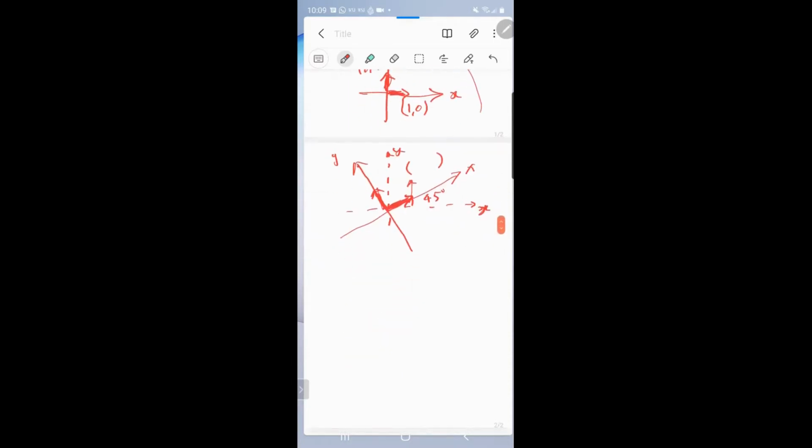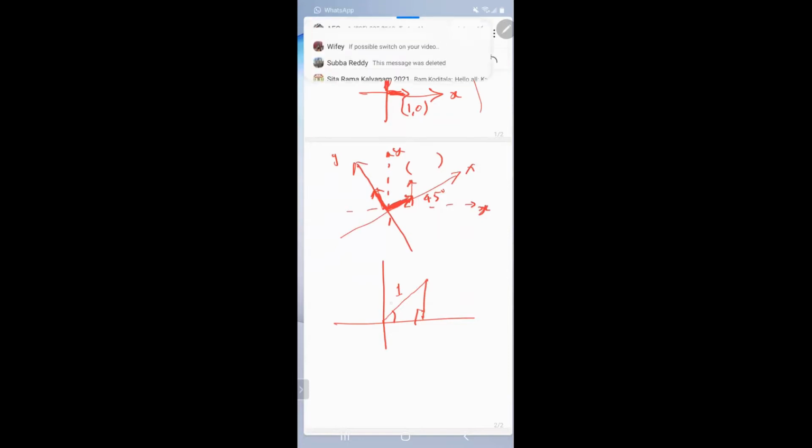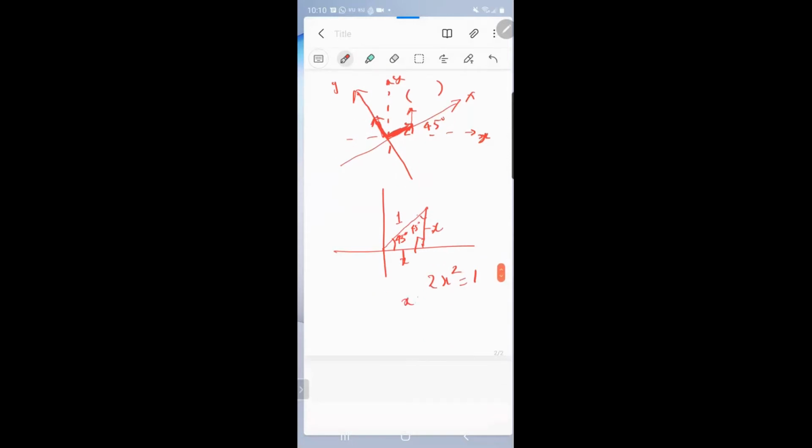Okay, so if we take this, it is a right angle triangle with a hypotenuse of length 1, and this angle is 45 degrees. What is this side and what is this side? Obviously, this is an isosceles right angle triangle, right? Because this is also 45 degrees here. So these two are the same. For those of you who don't know trigonometry, let's assume this is x. Now we get 2x squared equal to 1, right? This is the Pythagoras theorem. So x equals 1 over square root of 2.